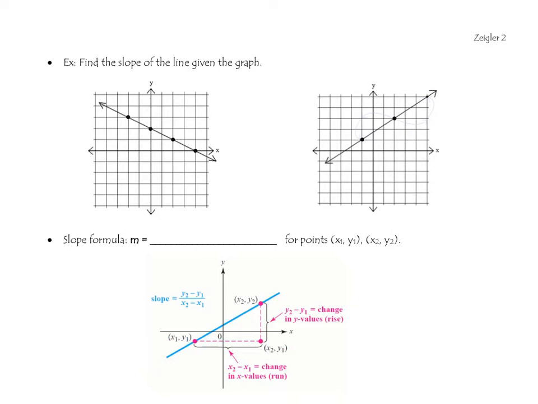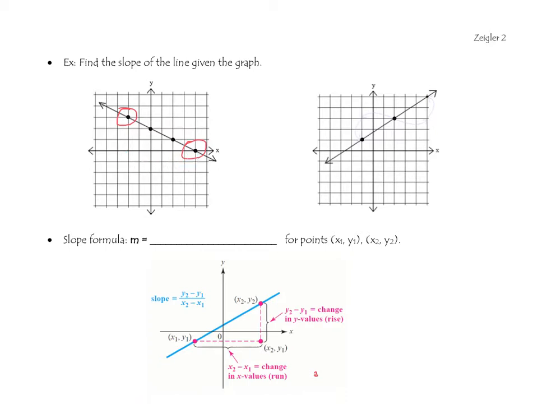And we do that looking at 2 points on the line. So if only this point and this point existed, then we want to know how far does the line rise from here, which is where this point is, to here, and how far does it run from here to here.